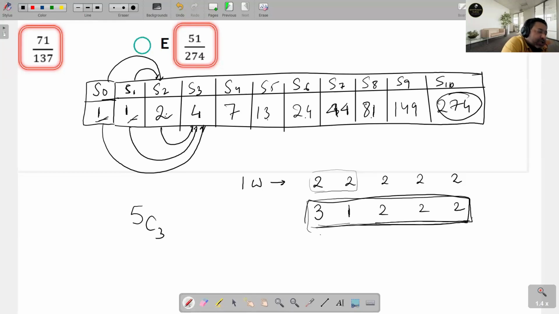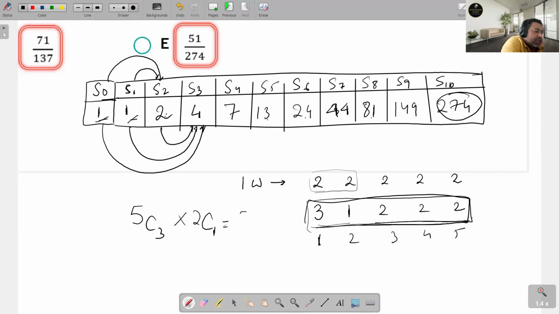So we are saying first move, second move, third move, fourth move, fifth move. Out of these 5 moves, which 3 do we choose for the 2? That will be 5 choose 3, and then for the one-step move, we'll choose any one of the remaining two, so 2 choose 1.